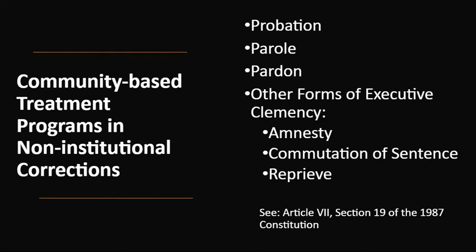You can find this in Article 7, Section 19 of the 1987 Constitution. Let's get to know probation, parole, pardons, and the other forms of executive clemency.